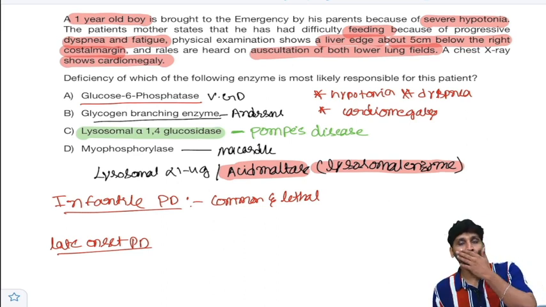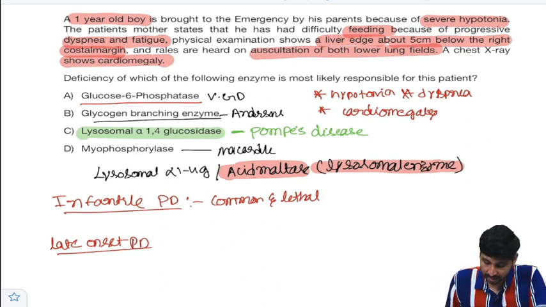The main characteristic feature of infantile Pompe disease is cardiomyopathy.